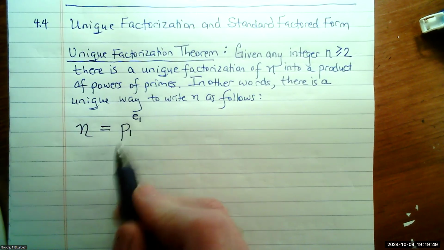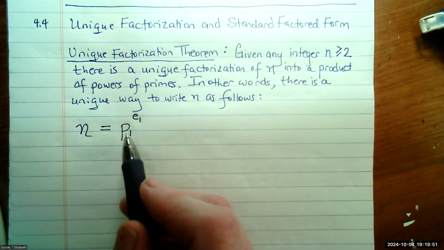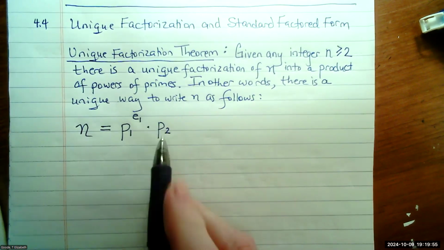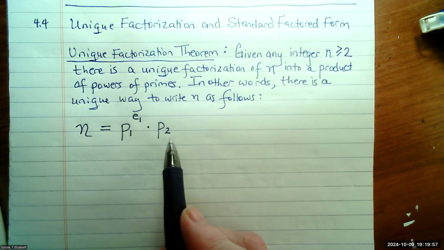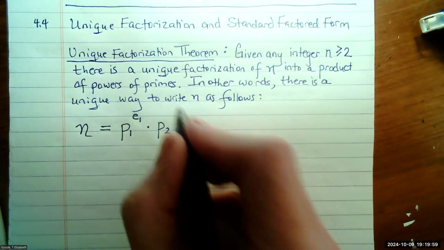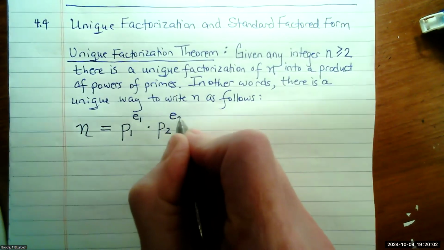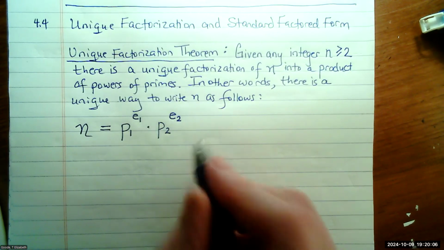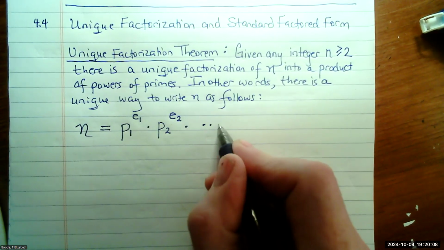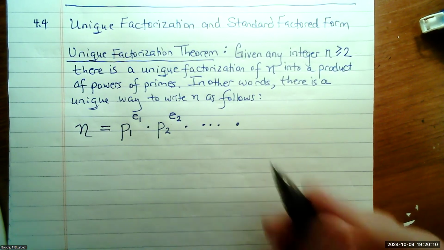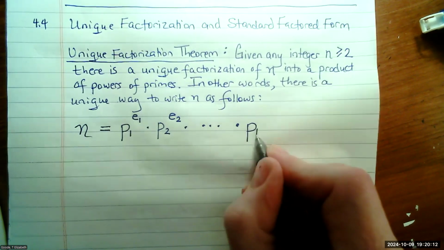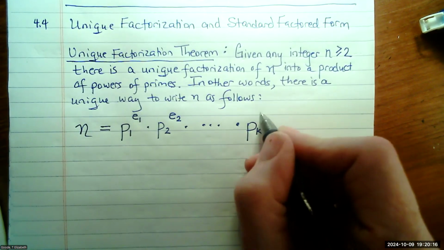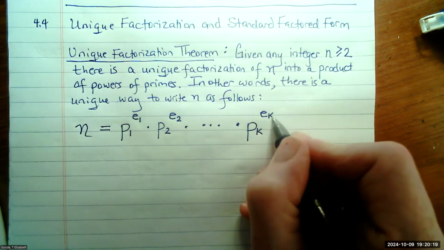So maybe some number of copies of that prime fit into n, times p sub 2. That'd be the next biggest prime that is a factor of n, raised to e sub 2. That's the number of copies of that prime that fit into n, times dot, dot, dot, keep going, times, say, p sub k, that'd be the biggest prime factor of n, raised to the e sub k.